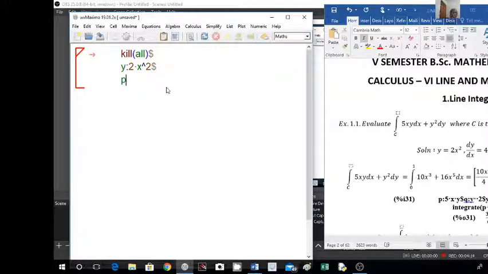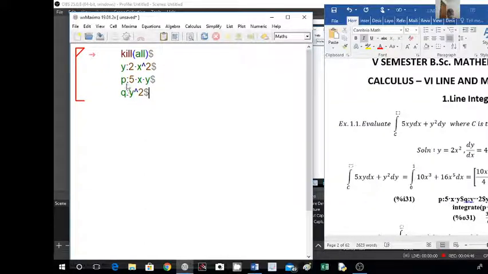What is P here? P is equal to 5xy, that is P colon 5*x*y dollar. I don't want to see this in the output. Then we write Q: Q colon y^2, y cap 2, dollar.